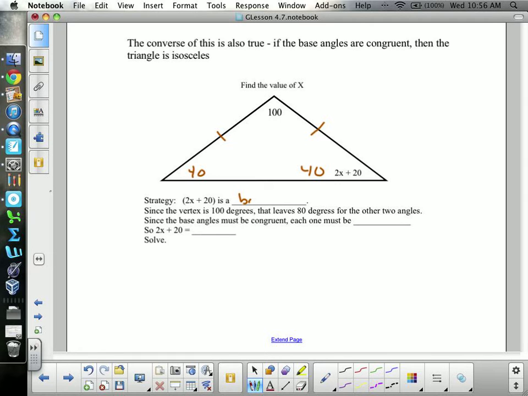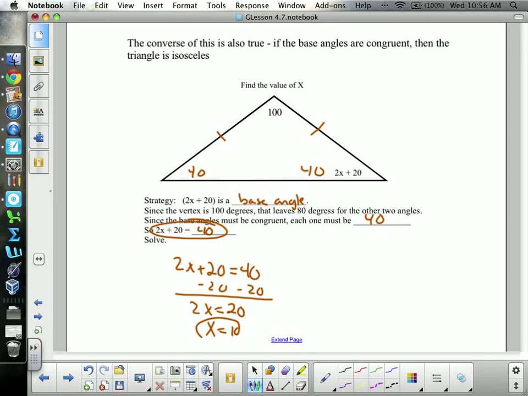So 2x plus 20 is a base angle. Vertex is 100 degrees, so the base angles must be congruent. Each one has to be 40. So I can set up a real quick equation, 2x plus 20 equals 40, which is a pretty easy equation. Yeah, x is 10. Okay?